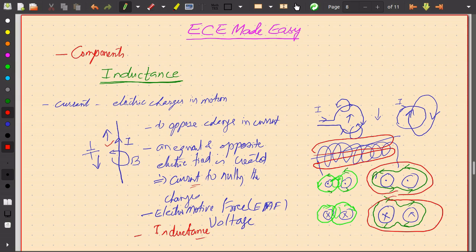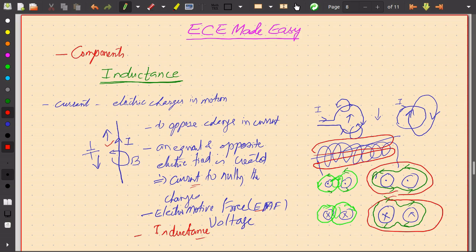If you have multiple turns of the coil, then for each turn one set of magnetic field is created, and they add up together. The more turns are used, the stronger the magnetic field that is created, and the stronger the opposition through the electromotive force we can feel whenever you try to make the current change.